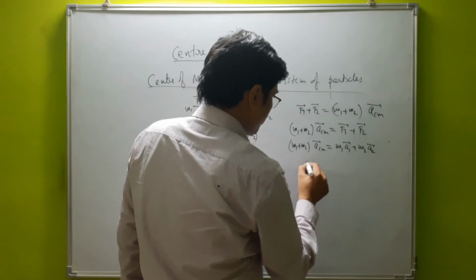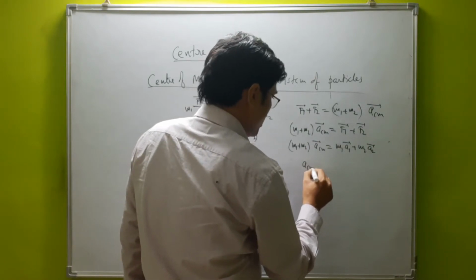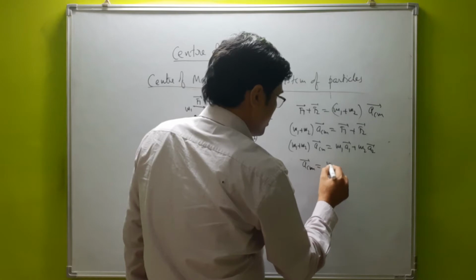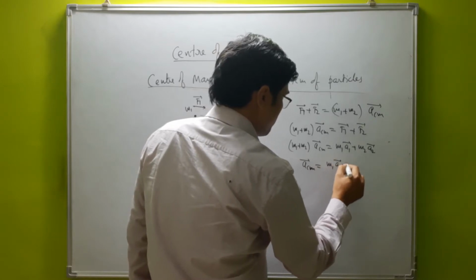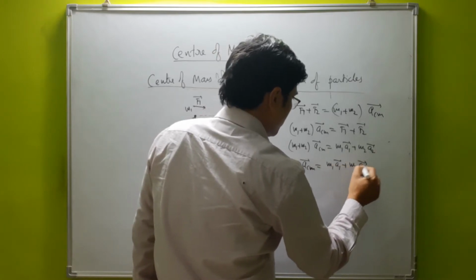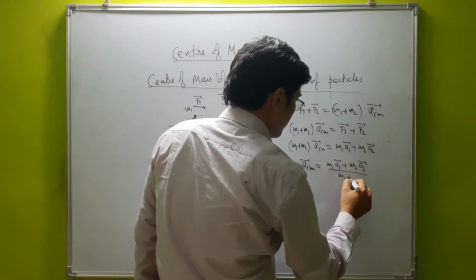So ACM is how much? ACM is m1 a1 plus m2 a2 by m1 plus m2, right?